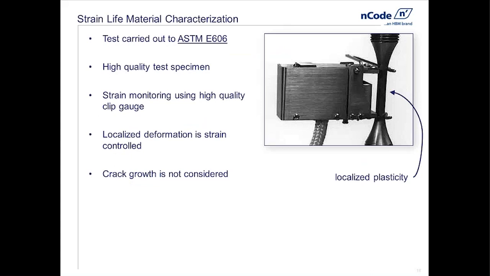This is a similar type of test specimen. It's typically several inches long with a half-inch neck section in here to concentrate the failure in this location. This thing is called a clip-on extensometer. It's essentially like the world's easiest to use strain gauge.